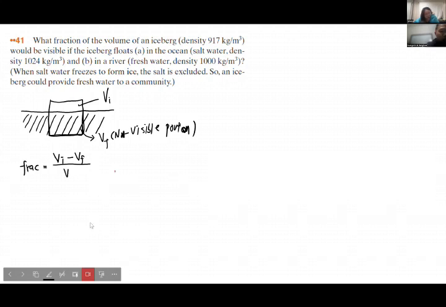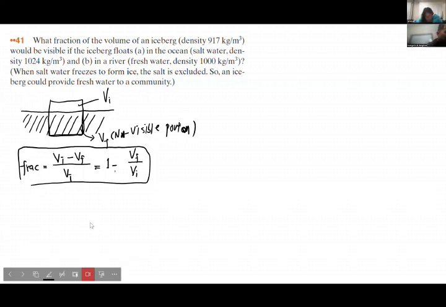So that should be like this. That is the fractional ratio between the total volume and the non-visible portion submerged into the water. If you just re-express this one, then that should be 1 minus the ratio between the fractional volume and total volume. So that's a simple relationship between the two volumes, depending on the densities of those two materials.